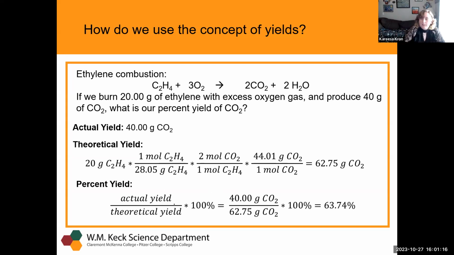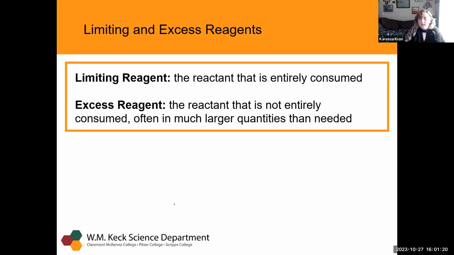And so I used the language excess oxygen gas, and I want to define this concept of an excess reagent and a limiting reagent. So an excess reagent is a reactant that is not entirely consumed. And oftentimes we have this excess reagent in much larger quantities than we might need.